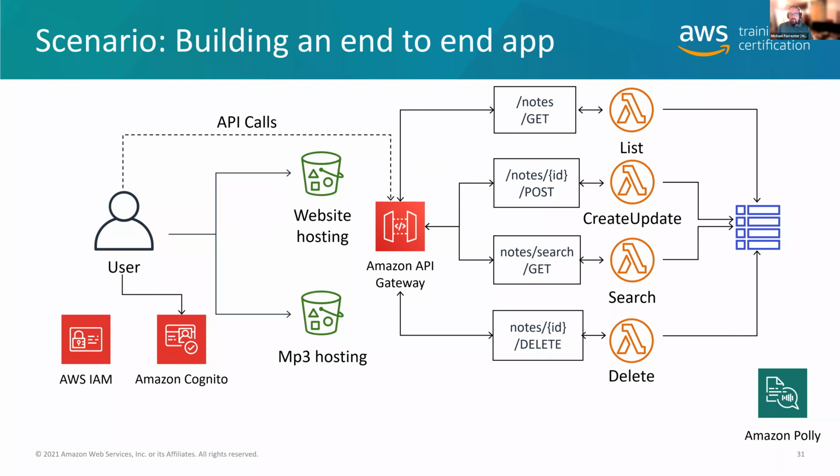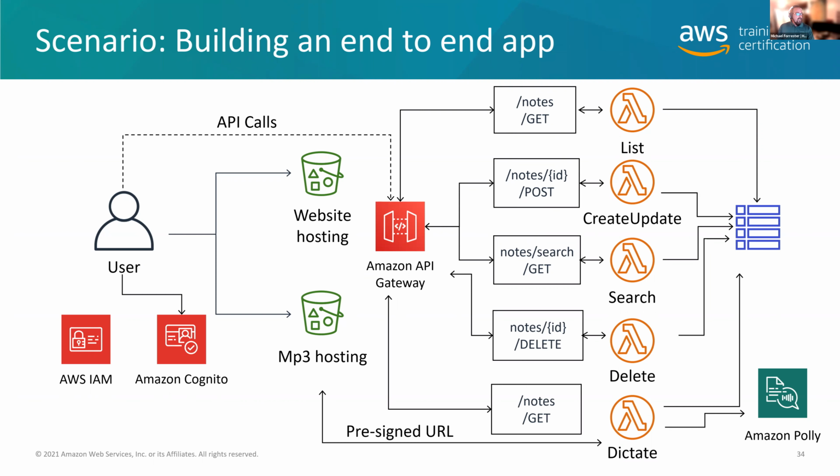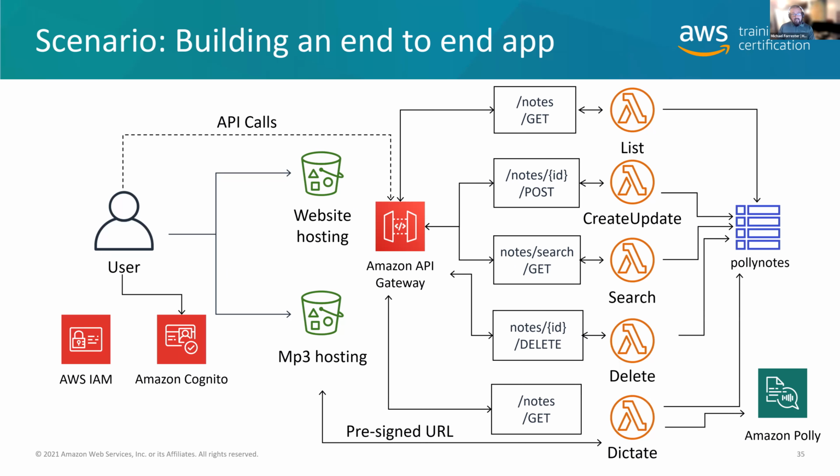So this is what we're going to be doing for our scenario: we're going to add dictation into the equation to get our notes. And then we're going to put in some pre-signed URLs so that we don't have to force every user to authenticate every single time. And then we're going to have a Polly notes database, the DynamoDB database. So this now leads us to lab 6, because all of this has been pre-created for you, and there are certain pieces that we're going to add into the equation.